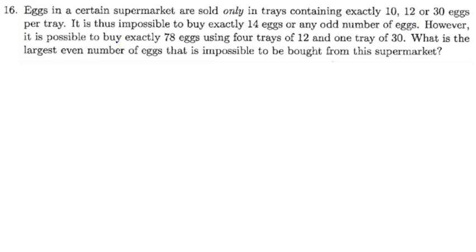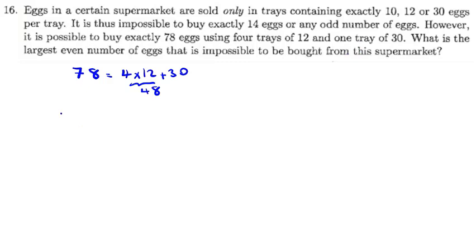However, it is possible to buy exactly 78 eggs using 4 trays of 12 plus 1 tray of 30. It is 48 plus 30, 78, yes. What's the largest even number of eggs that is impossible to be bought from this supermarket?